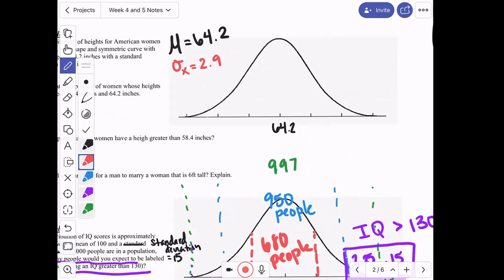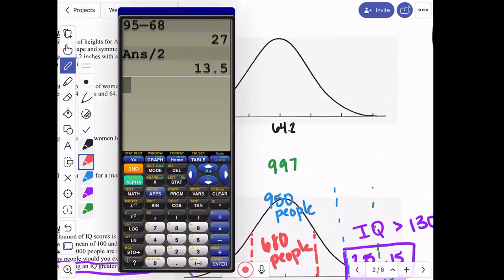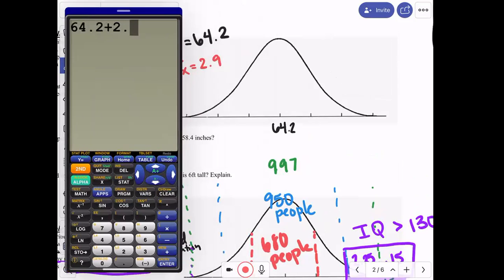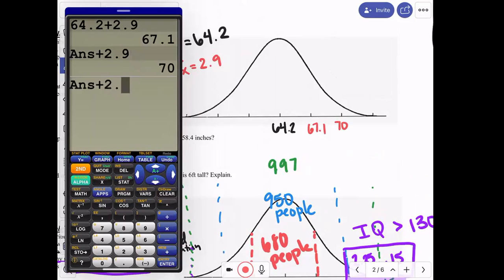So when I take 64.2 and I add 2.9, I get 67.1, plus 2.9 again, I get 70, plus 2.9 again, I get 72.9. So I've added 3 standard deviations to the right. Now I subtract 3 standard deviations to the left.